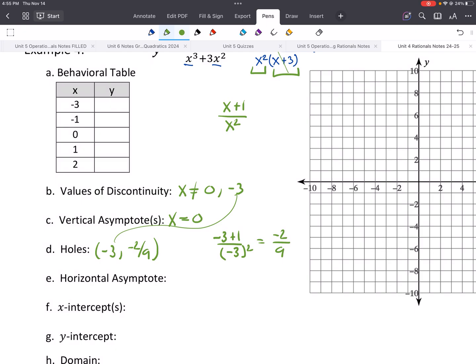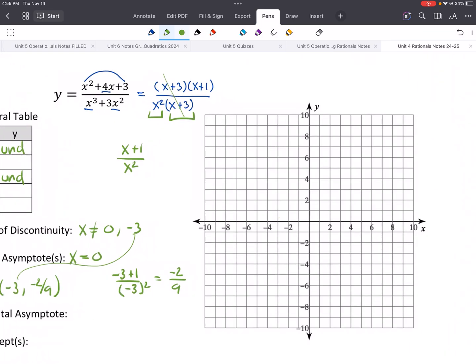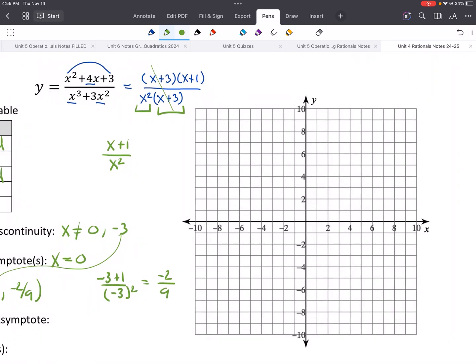Okay, so let's sketch that part so far. At negative 3, it's our hole, it's undefined, and at 0, it's undefined. So we'll sketch negative 3, negative 0.2. So that's maybe about here. And we have our vertical asymptote at 0.